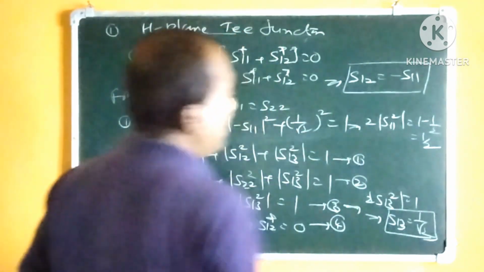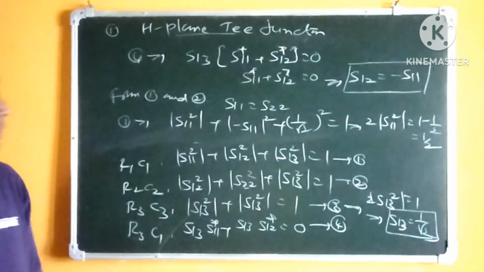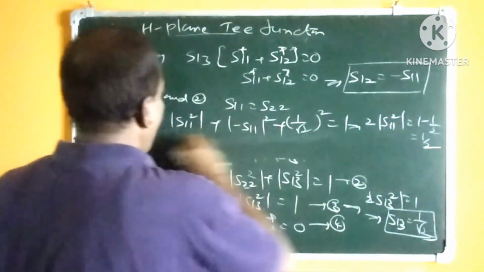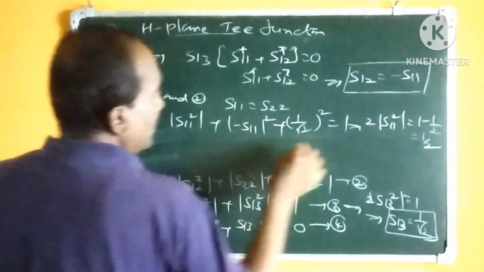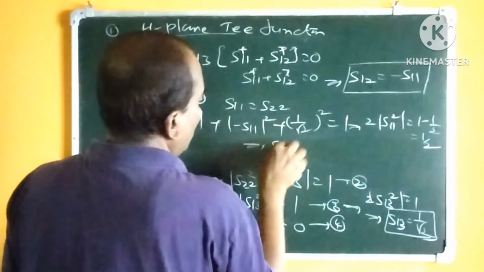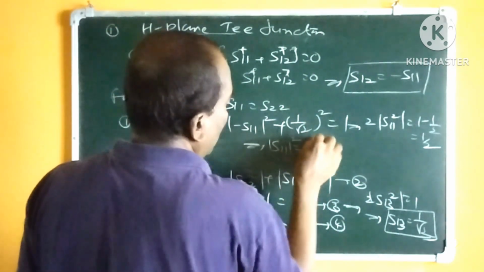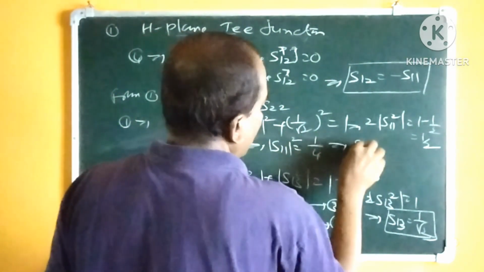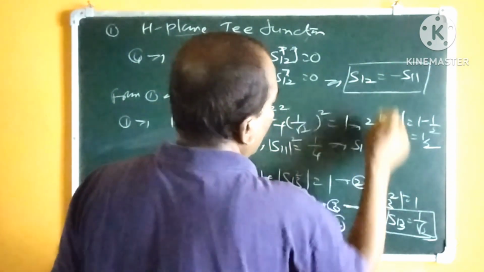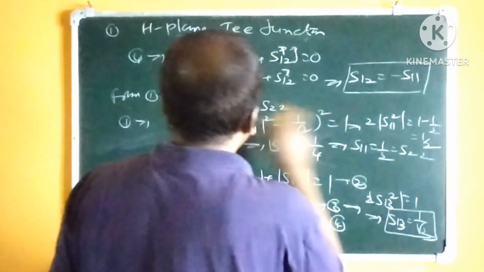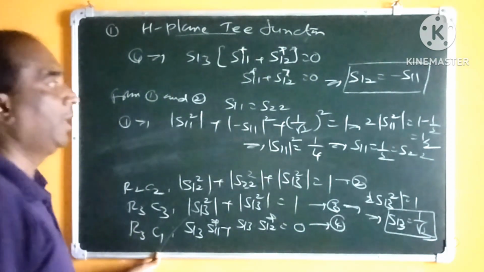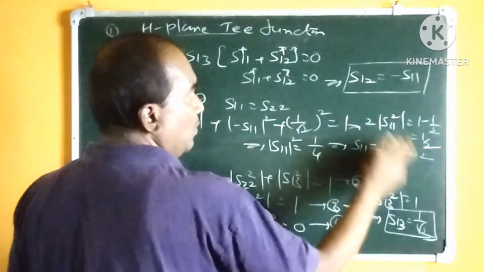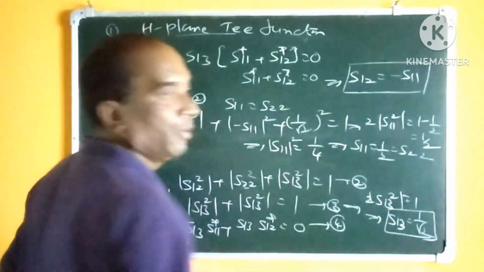Otherwise, S11 square equal to 1 by 4, which implies S11 equal to 1 by 2, that will be equal to S22. Now we have derived the values of S11, S22, S12 and S13.